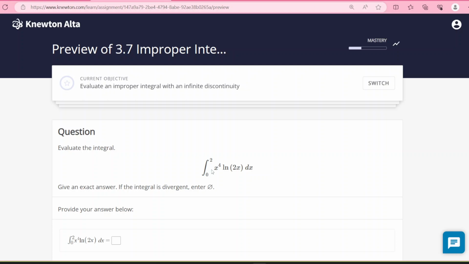And analogous to the infinite limits cases, when the function's not continuous for some value in between the upper and lower limit, you gotta split it up, write it as a sum. All right, and I'll point that out again. I'm sure they'll point that out in the answer explanations as well again. All right, so I'm going to write this integral out here.